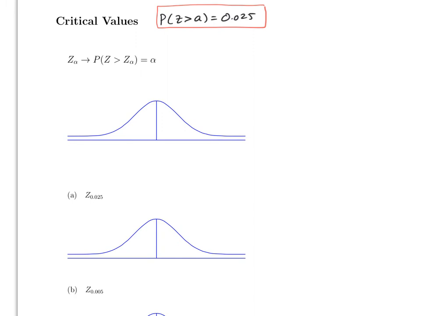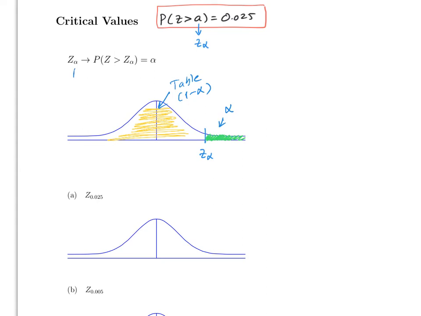Now, instead of calling this A, we're going to call it Z of alpha. So this will be Z of alpha, which is what we used to call A. This is still the green area. Now the green area is going to be denoted by alpha. We still have the yellow area, which is what we get from the table, and that's going to be 1 minus alpha.